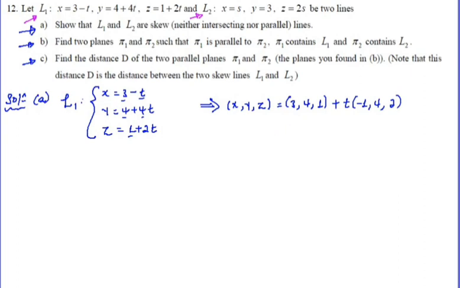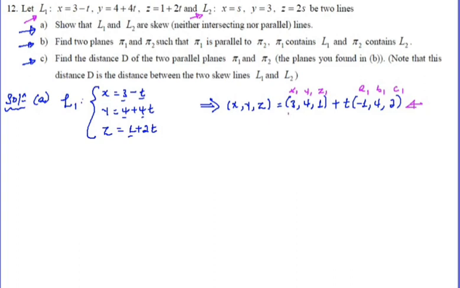So to make things easy, ይሄንን እቺን x1 በሉልኝ y1 z1. This is a point on L1 and this is the direction vector. The direction vector entryዎቹን እንደዚህ እንበላቸው a1 b1 c1 ብለን እንሰይማቸው.